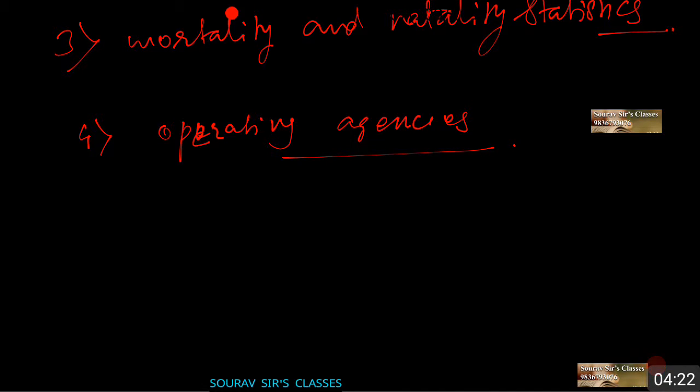The facts and figures relating to births, deaths, and marriages are of extreme importance to various official agencies for a variety of administrative purposes. Mortality statistics serve as a guide to the health authorities for sanitary improvements, improvement of medical facilities, and public cleanliness.